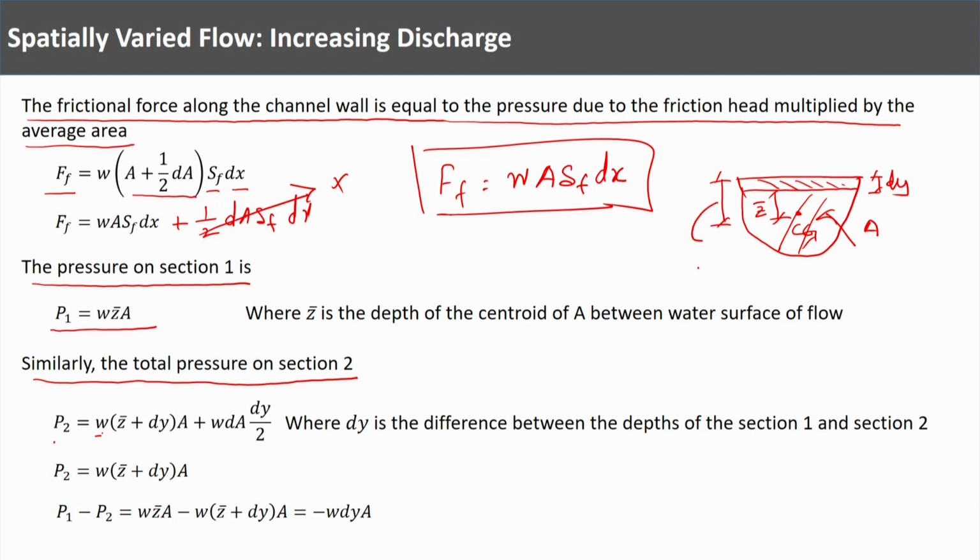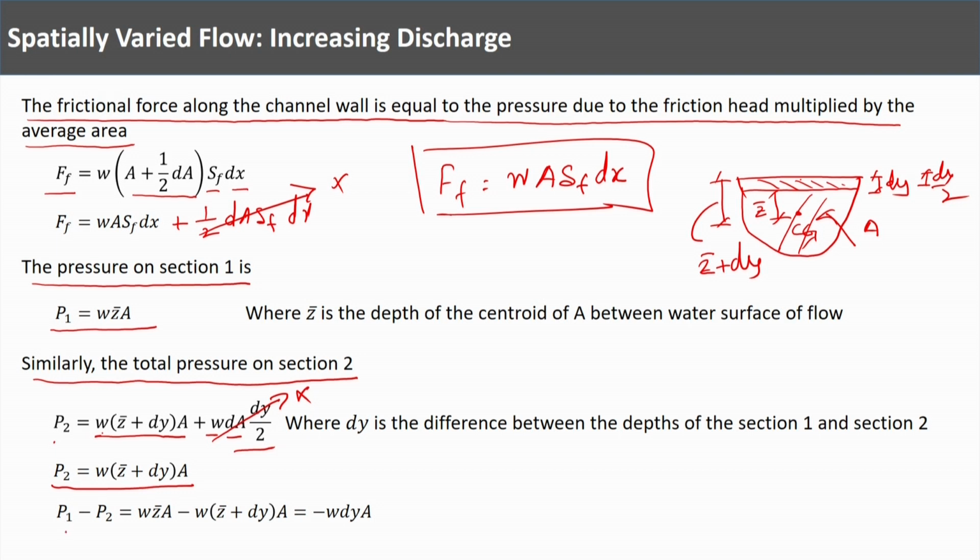So Z bar plus dy into A, plus the moment of this area: W, area dA, and Cg here is dy by 2. This part, dA into dy, is very small, so I can neglect it. In that case I am getting W, Z bar plus dy, into A.